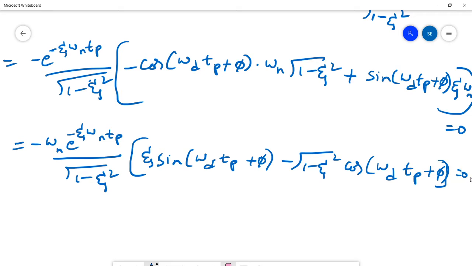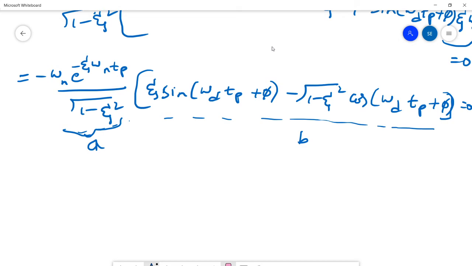is equal to 0. So here also we have two terms, one is this b, and this one I'll take as a. If you observe, as we mentioned in the previous derivation also, the exponential term can't be equated to 0. So we have to equate this whole term to 0. Now we'll equate this term to 0.